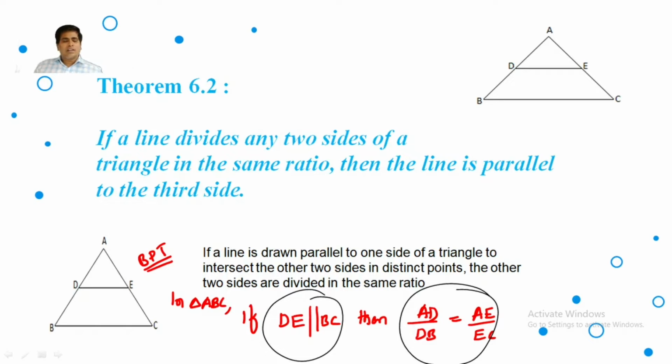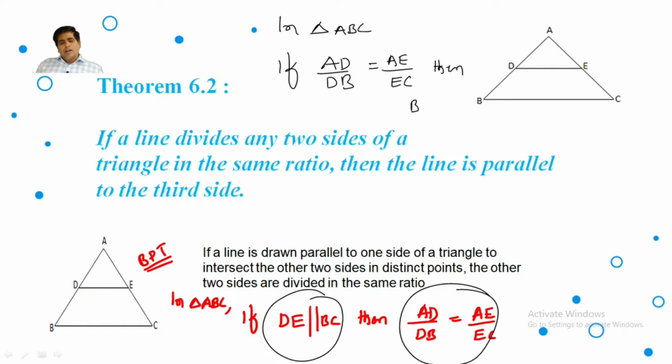Exactly the converse here is the converse of the basic proportionality theorem. In triangle ABC, if AD by DB is equal to AE by EC, if this happens in triangle ABC, then definitely DE is parallel to BC.